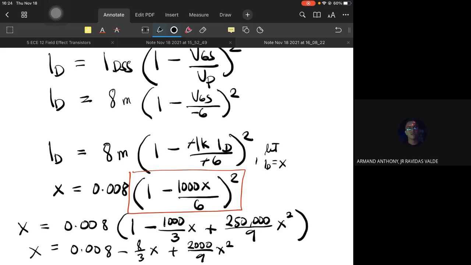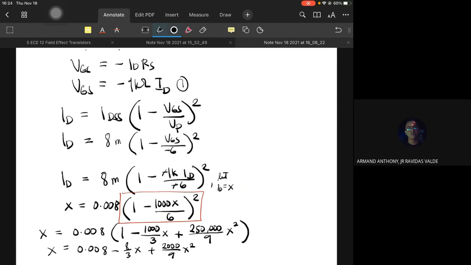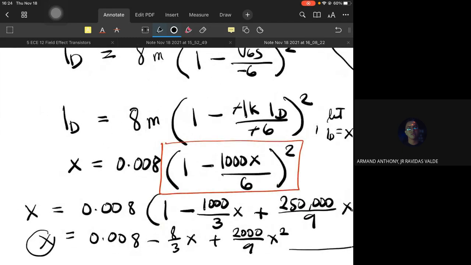Yes, sir. Basically, distribute the 8 milliamperes. Then I transfer this to the top and combine the 1x on the other side.